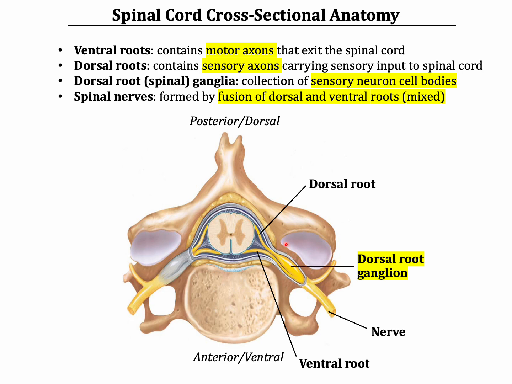Following that, we see that the dorsal and the ventral root come together to form a nerve, what we refer to as spinal nerves. And these are mixed because they contain both dorsal and ventral roots, sensory and motor axons. We'll dive into nerves in more detail in our following chapter.